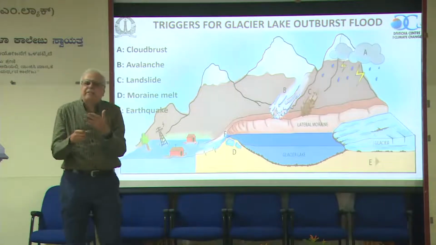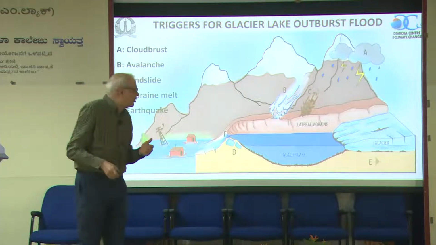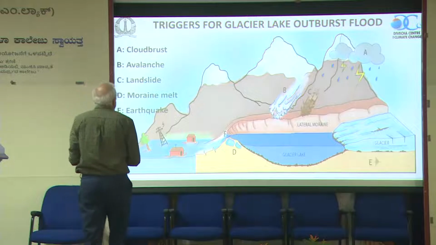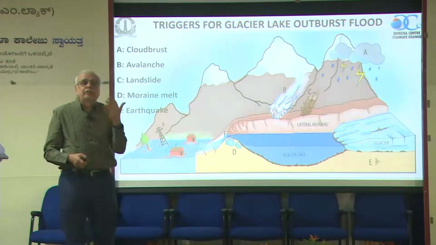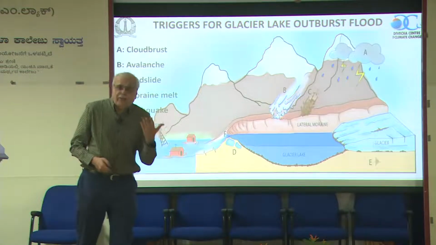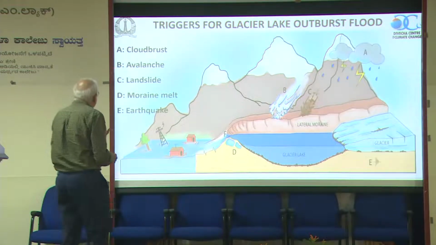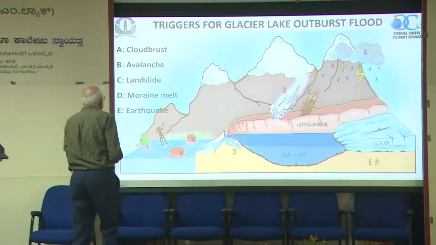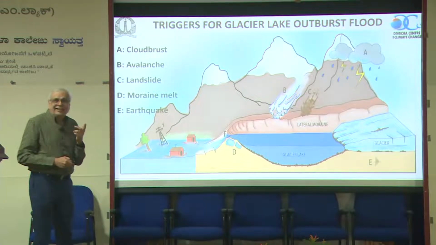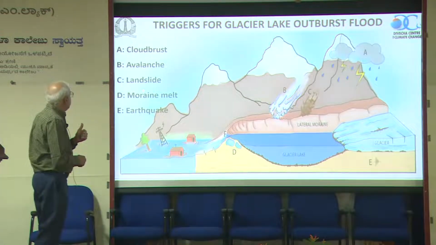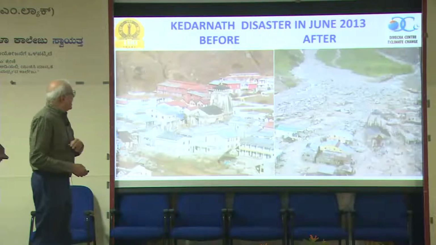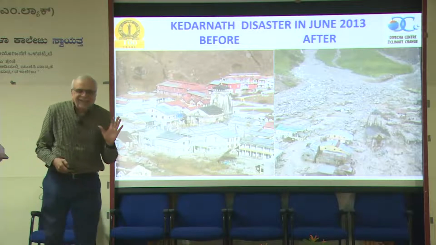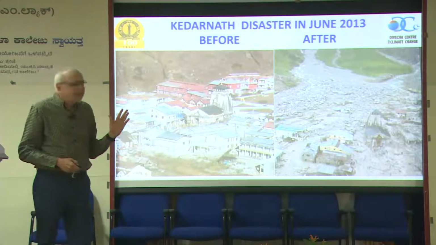When the lake is formed, it can burst for numerous reasons. There could be a cloudburst, as we have seen in Uttarakhand in 2013, or there could be avalanches or landslides, which we also saw in Uttarakhand, or there could be moraine or earthquake. Because of that it can burst and create a devastating flood downstream.